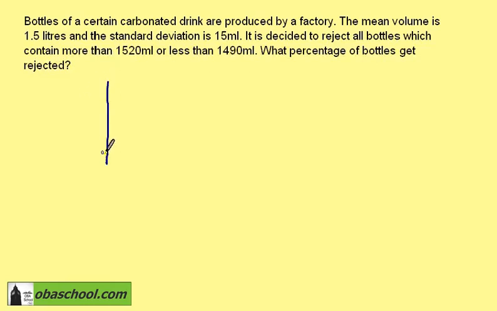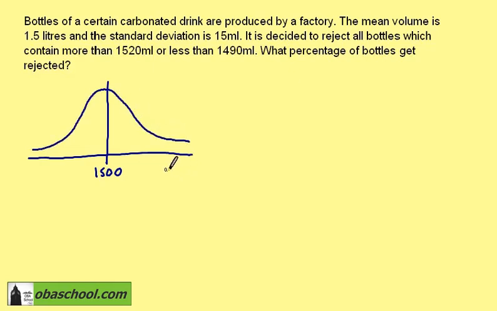If we draw a picture to help us understand this problem, here is the mean at 1,500 millilitres, 1.5 litres. We'll draw our normal curve, symmetric about this mean. Here is 1,520.